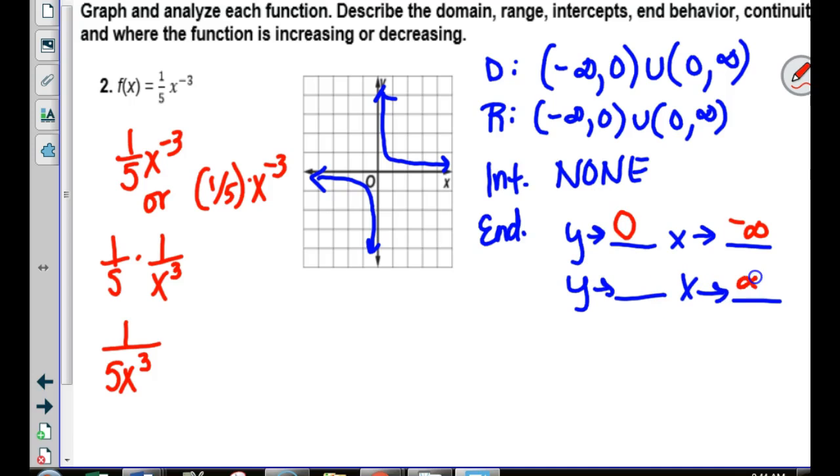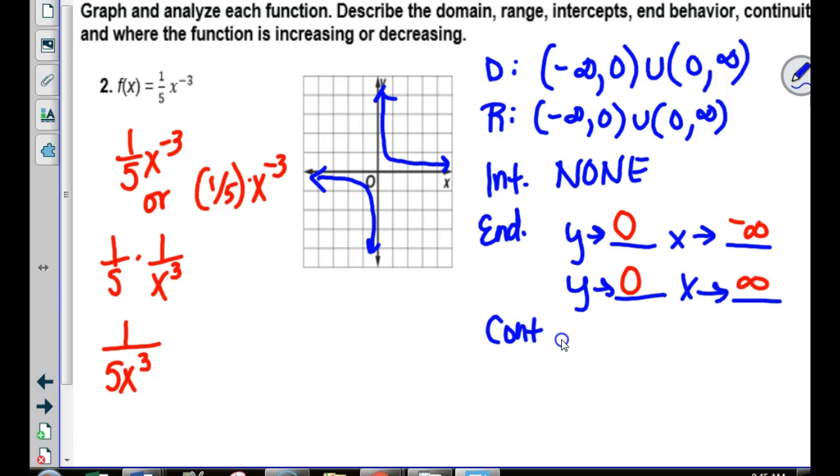X approaches infinity means as I travel along the x to the right forever, what is the top one getting closer to? 0. Okay, the y value is getting closer and closer to 0. When you get to calculus, you'll talk about it's approaching from above or below or whatever, but we just want to say 0.